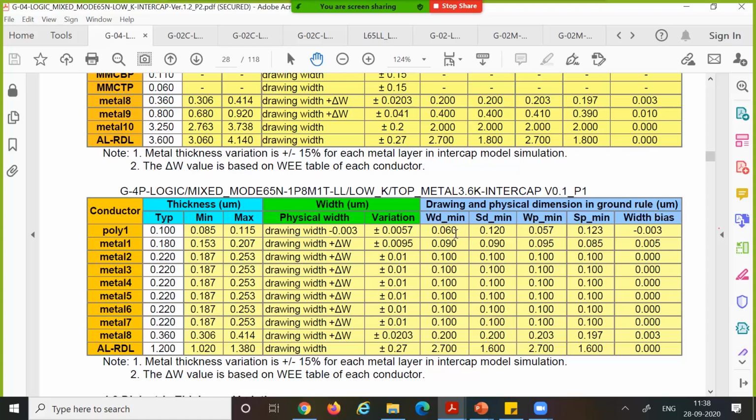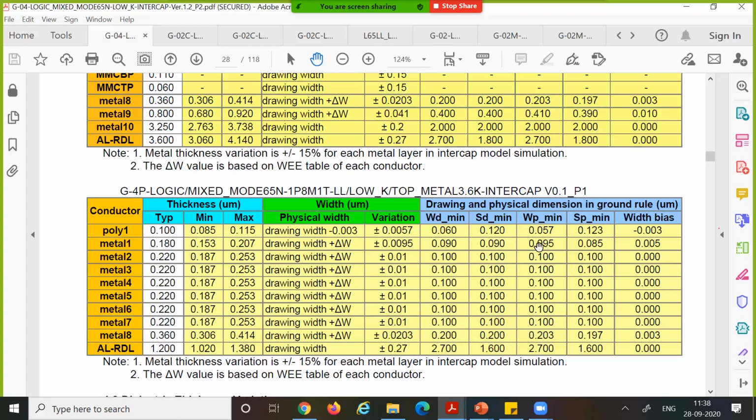It can go down to 60 nanometer. For the other metal layers you have some minimum width. SD basically refers to spacing. When you lay out, you have to take care of these layout rules. You have to have at least 0.1 micron spacing between, let's say, metal two layers, or in another metal you have to have at least 0.2 micron spacing.